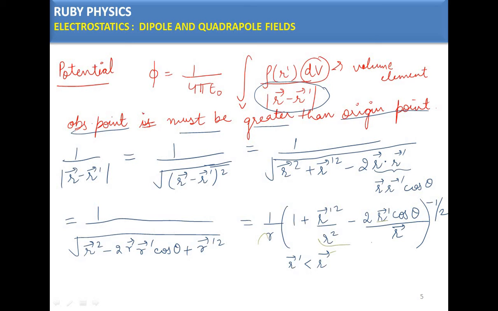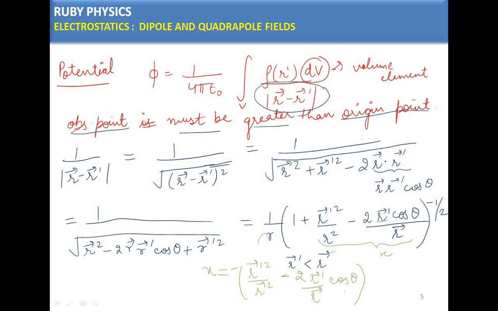If I put this as x, then x is equal to r dash square upon r square minus 2 r dash by r cos theta. Okay, I have put this as x here.